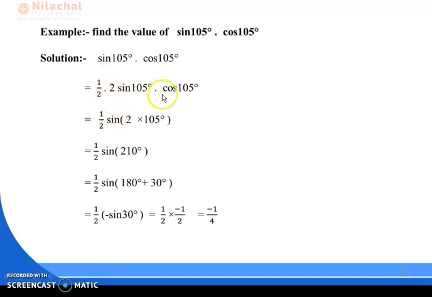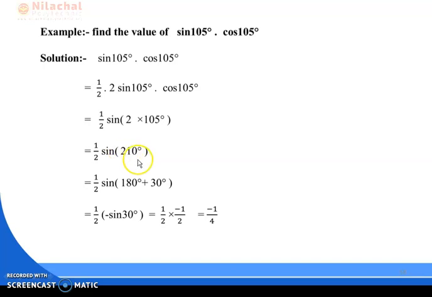Okay, so this is the formula: 2 sin 105 degree into cos 105 degree. That means 2 sin A into cos A. That means what is the formula? Sin 2A. So A is here 105 degree. So sin 2A, so 2 into 105 degree is how much? 210 degree. So 210 degree we should convert into an acute angle. So how to convert it?